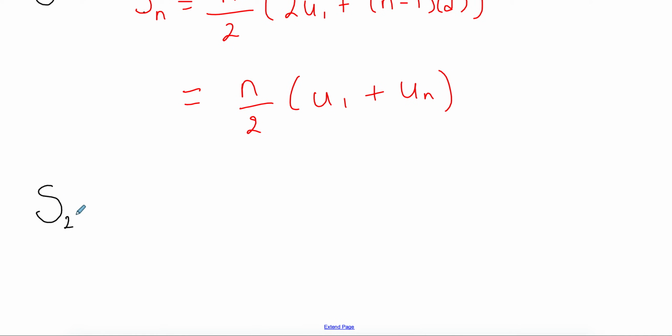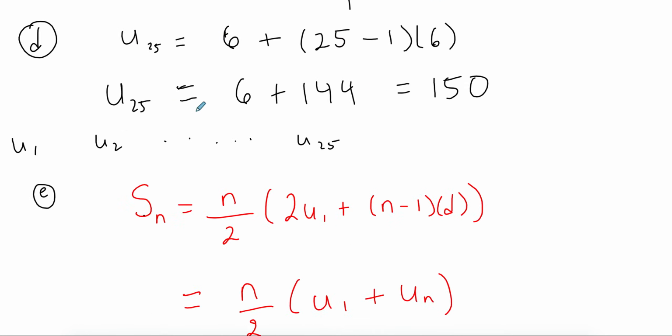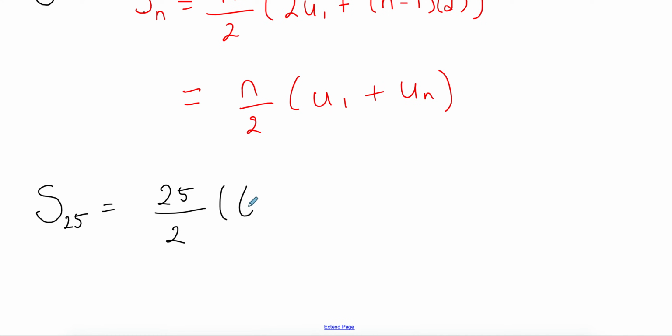So S25 would be 25 divided by 2. U1 in our case is 6, so I'm going to go 6. And this in our example is U25, because we've done n as 25, so you're basically matching the ends together. So we have U25 to be 150.